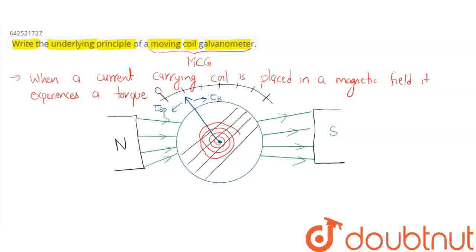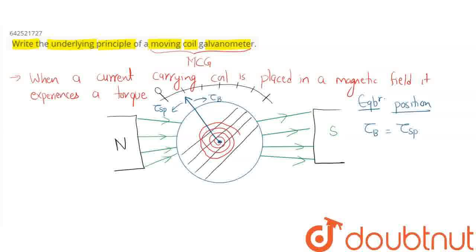So the basic principle is simply when this current carrying wire is placed in a magnetic field, then at equilibrium position the net torque will be 0, that is magnetic torque will be balanced by the spring force torque, that is tau sp.